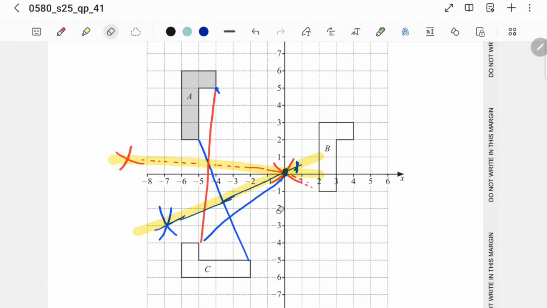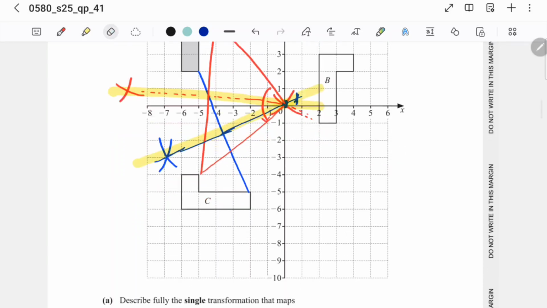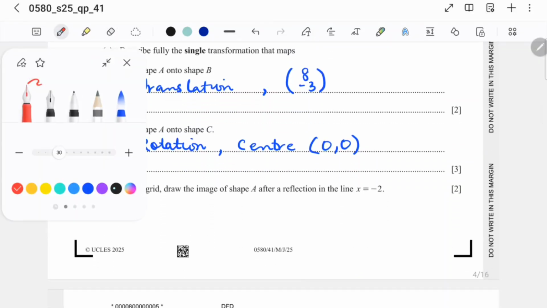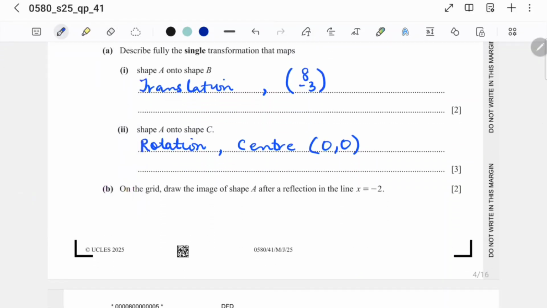So the angle is 90 degrees, and it is anti-clockwise. Okay, so we found all answers. This is the rotation, the center is the origin, it is anti-clockwise, and the angle is 90 degrees.